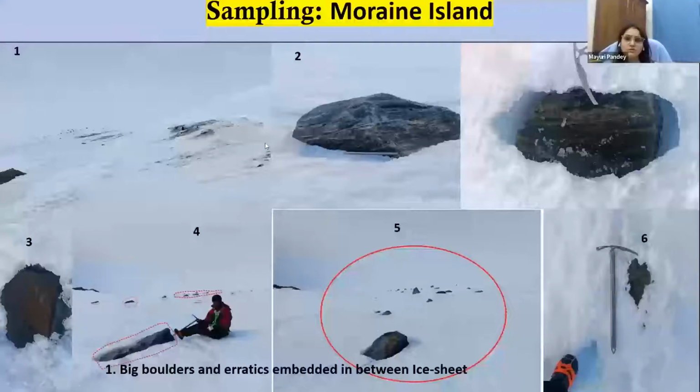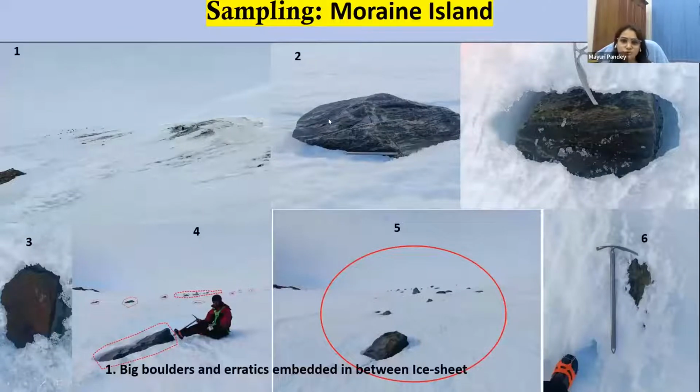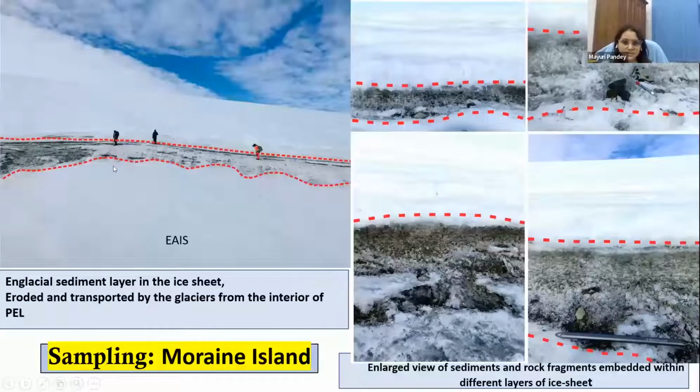Now, when we talk about the boulders on the ice sheet part, again we are getting huge boulders which are oriented in one direction, but typically are angular in shape. These were the boulders. There are certain areas where lots of boulders were exposed, and then there was the third type of samples which were collected.